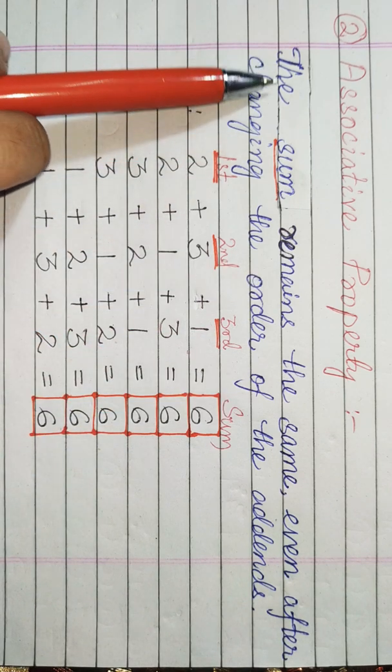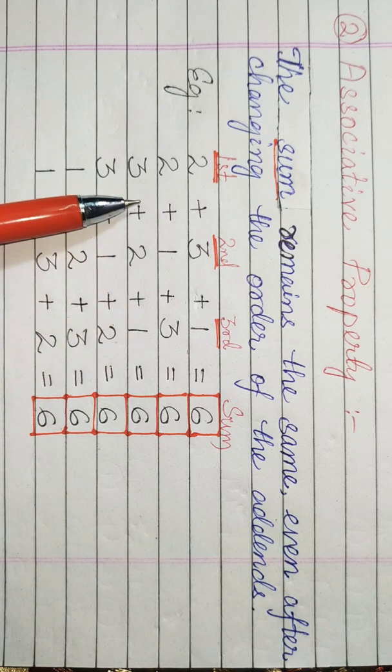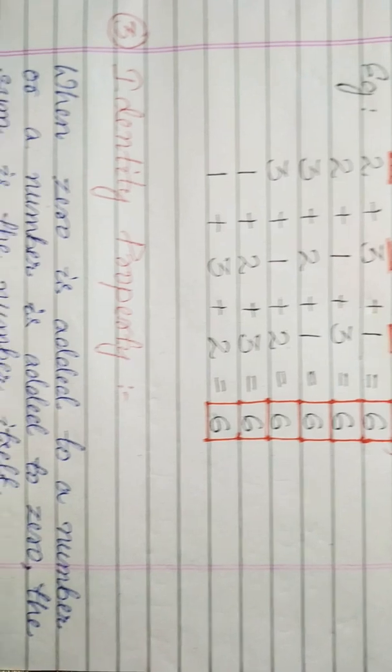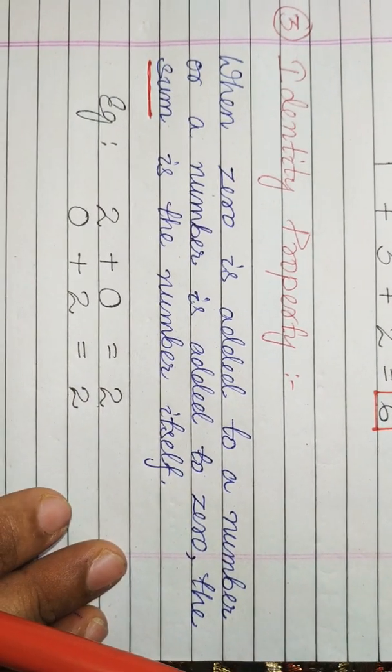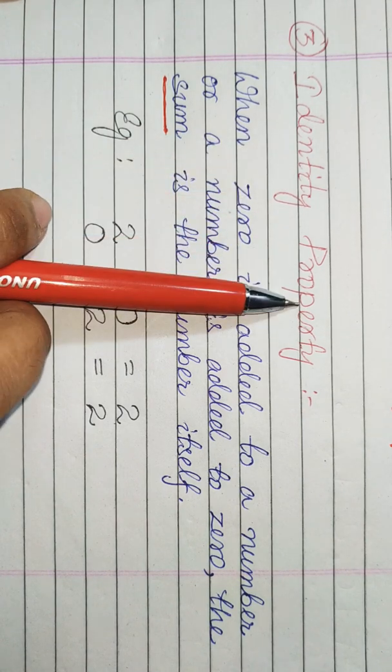I repeat, the sum remains the same even after changing the order of the addends. So this is associative property. Now let's move to the third property. The third property is identity property.